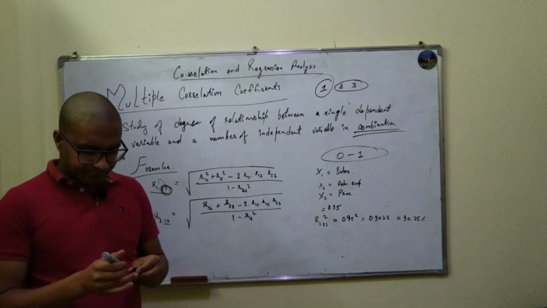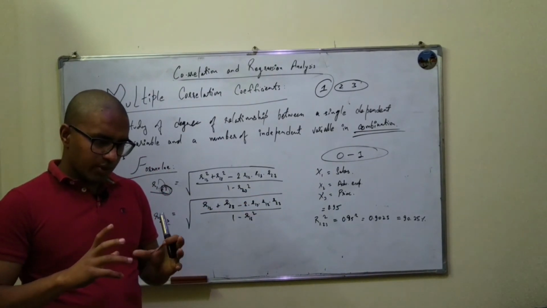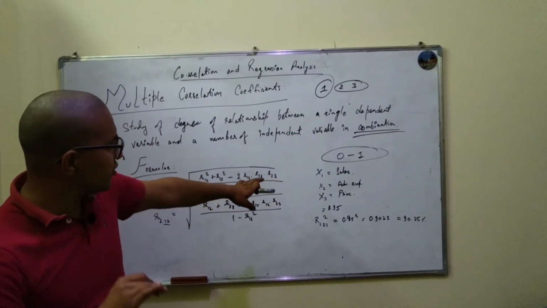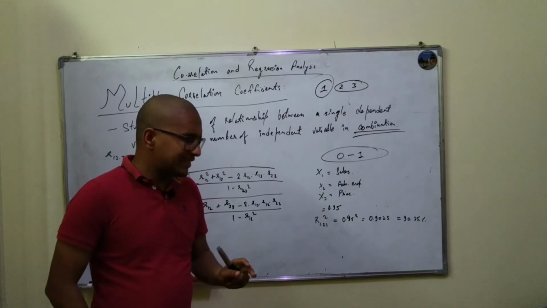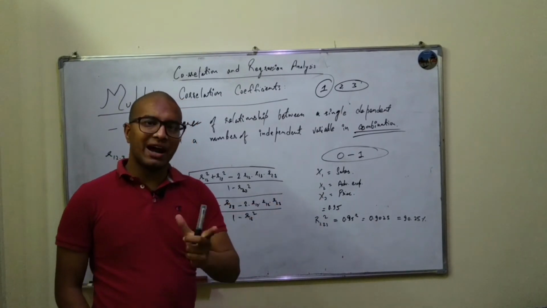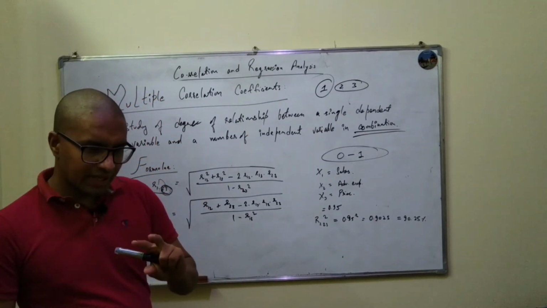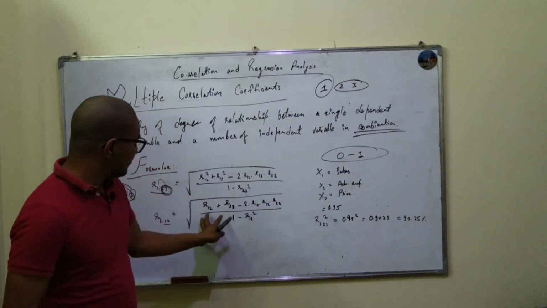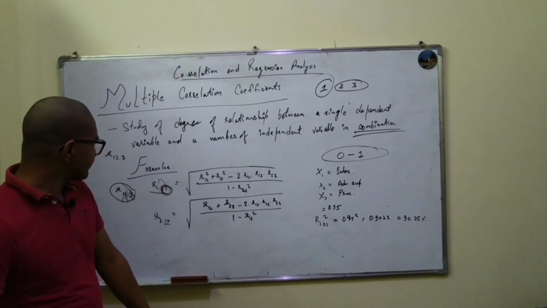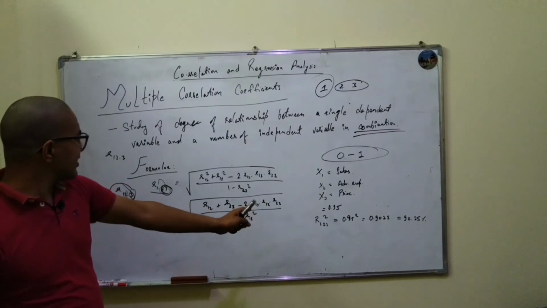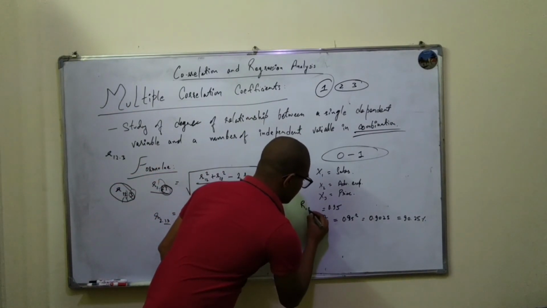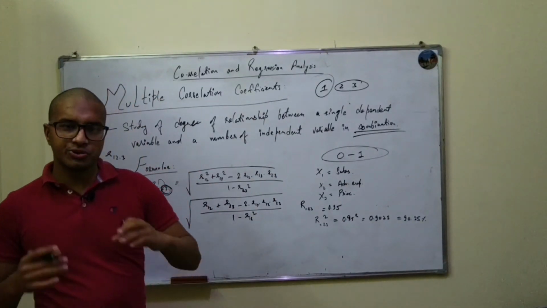So basically, what we are trying to examine, I'll give you an example as well. Suppose X1 is sales, X2 is your advertising expenses, and X3 is your price, right? Suppose after you've computed the formula and entered everything, you get R1.23 is equal to 0.95, right?